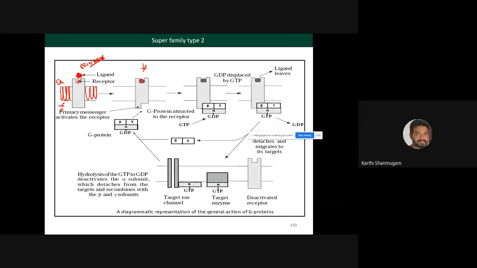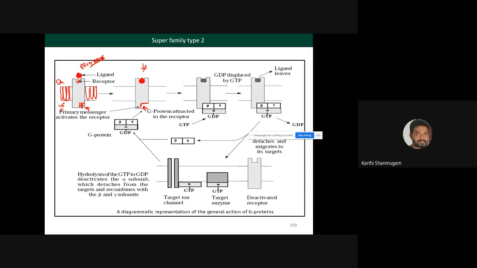So this second image is the illustration of the bound state of the receptor. Because of binding of this ligand molecule to the receptor binding site, what happens? There is a kind of conformational change. Here there is no gap, but after the binding of ligand molecule to the binding site, you can see some kind of gap here.